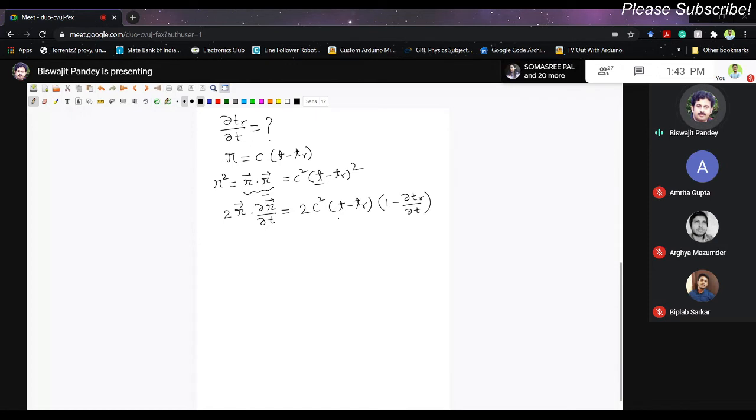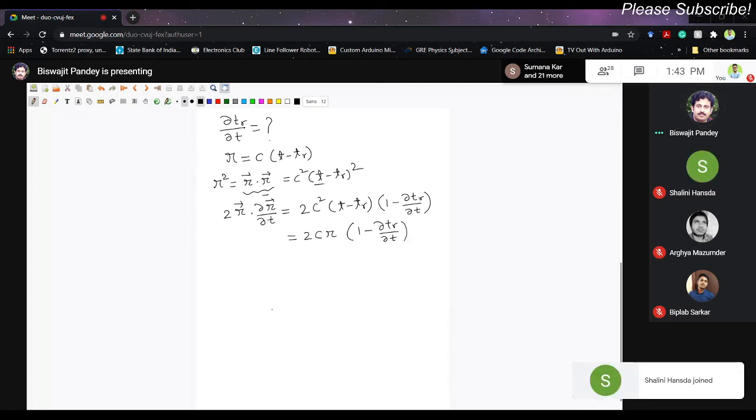Again, c times (t minus t_r) is the scalar 𝓇, so I can simplify this as 2c𝓇(1 minus ∂t_r/∂t).